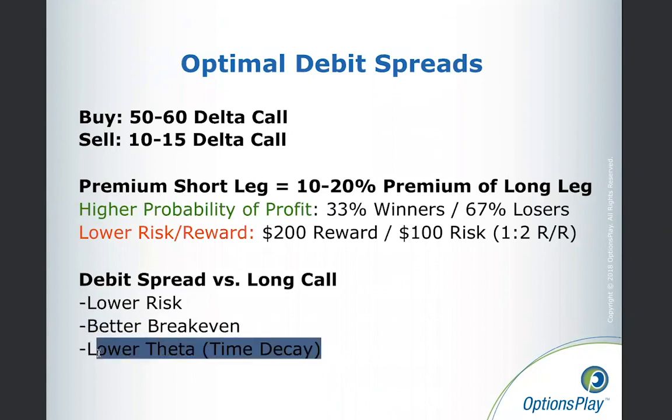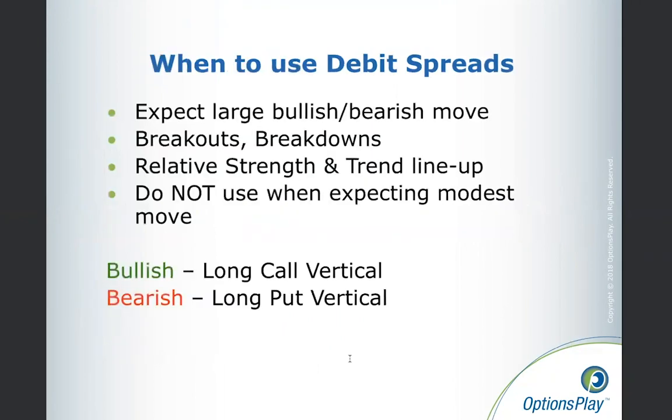And lastly, because you have a short leg as part of your strategy, it lowers the time decay, the theta, of the overall strategy, so you can stay in that trade a little longer, or the effect of time decay is not as fast on your spread as it is on a long call. That's really the reason you should consider debit spreads. If you currently buy calls or puts, take a look at debit spreads as an alternative, because there's quite a bit of benefit to buying a debit spread compared to just outright buying a call or a put.